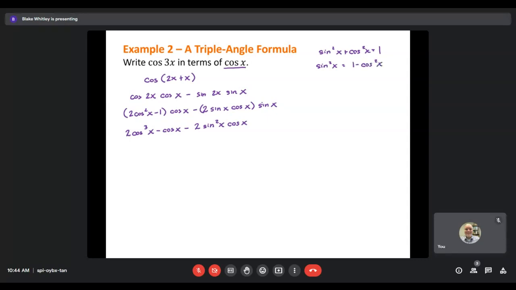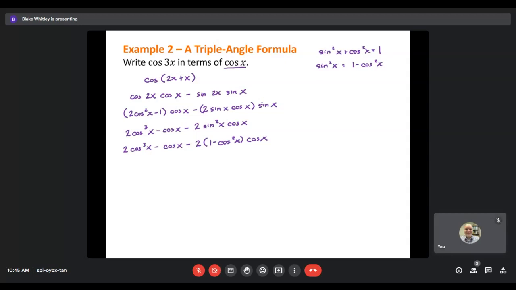So in place of sine squared, I can put 1 minus cosine squared. So that's going to give us 2 cosine cubed x minus cosine x minus 2 times, and in place of that sine squared, we get 1 minus cosine squared x times cosine x. Now at this point, everything is in terms of a cosine x.